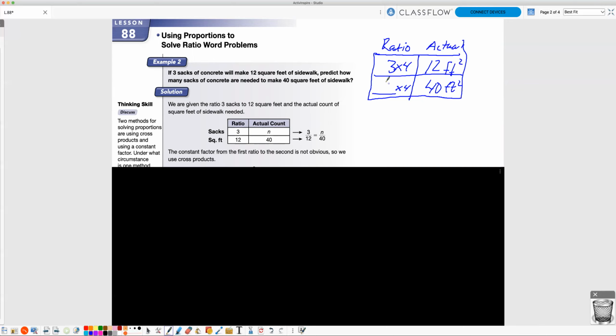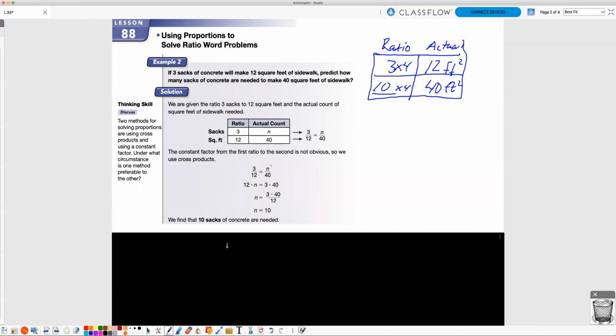So whatever this times that would make 10 in this position. So you see you would still end up with the same answer, even though we have it different than what the textbook has placed. We still end up with 10 sacks of concrete needed.